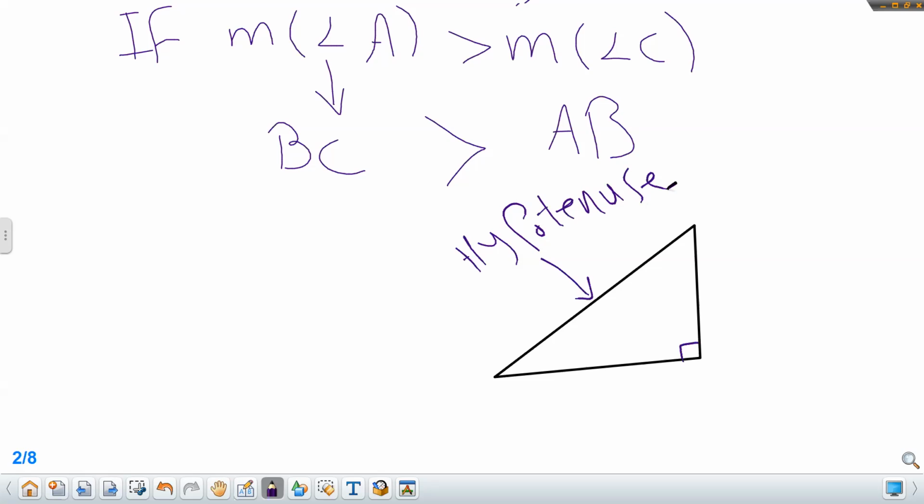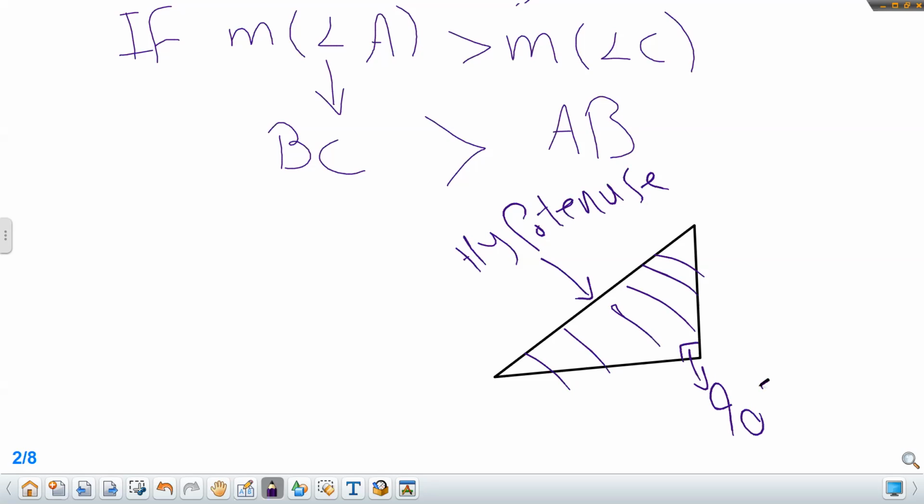Here I want to ask, what is the biggest side in this triangle? Yes, good, the hypotenuse. Why? Because the greatest angle in this triangle is the right angle, 90 degrees. So if you have a right triangle, then the hypotenuse is the biggest side.